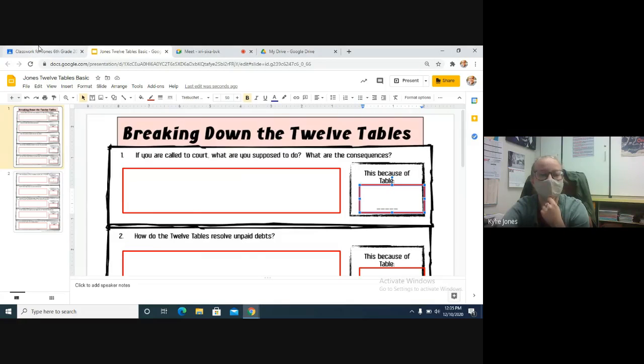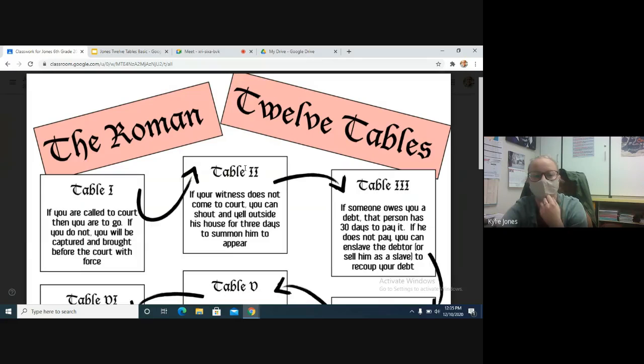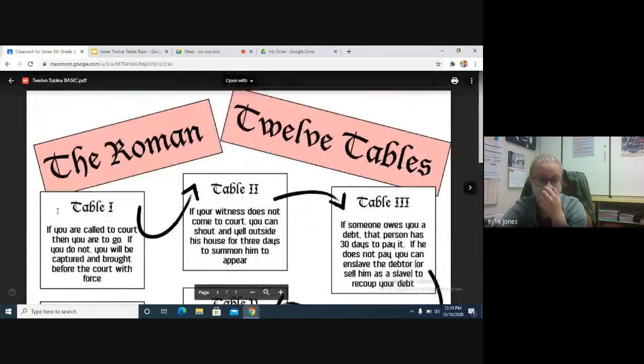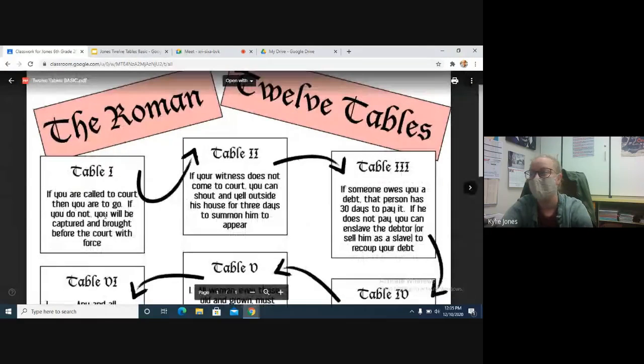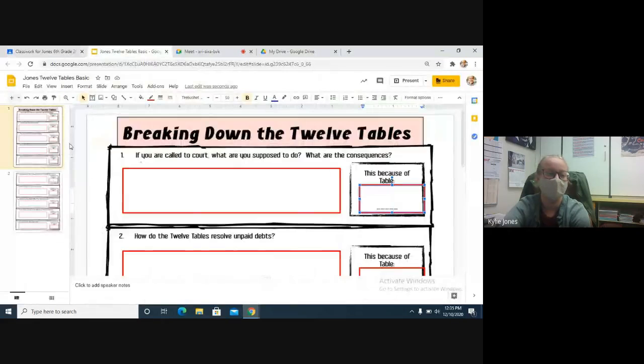We're going to start by just reading through what the 12 tables are. So basically the rules of it. It might even go in order. I don't know for sure. But we're going to start with table number 1. That's the top left over here. Okay, so there's 12 tables and 10 questions.